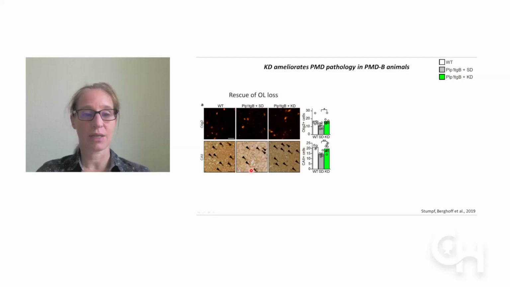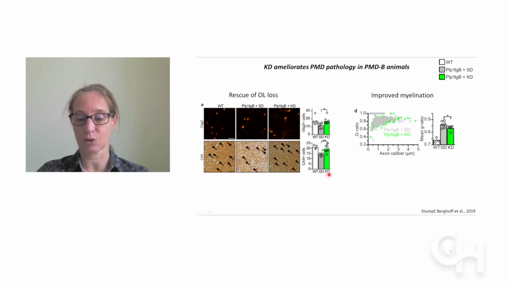What effects does this have on the pathology of PMD? We first looked at oligodendrocyte numbers and found that the loss which occurs in untreated PMD mice was rescued by feeding a ketogenic diet, and also myelination improved a little bit.